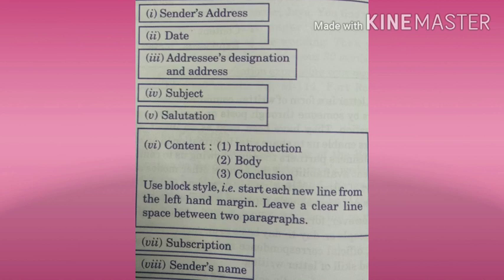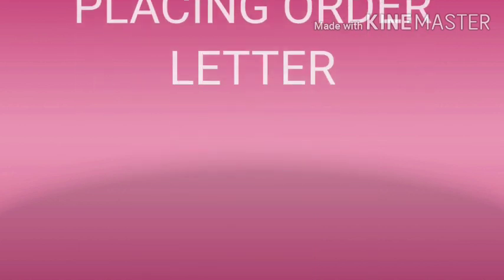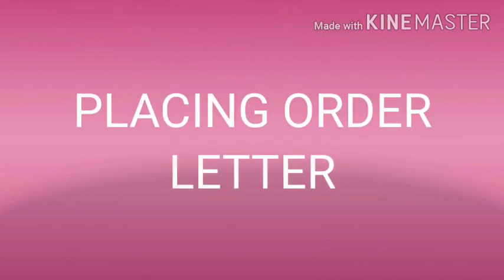Today we are going to discuss another formal letter. It is the placing order letter. In a placing order letter, there will be a buyer. Through this letter, a buyer seeks information regarding the product or service of his need.